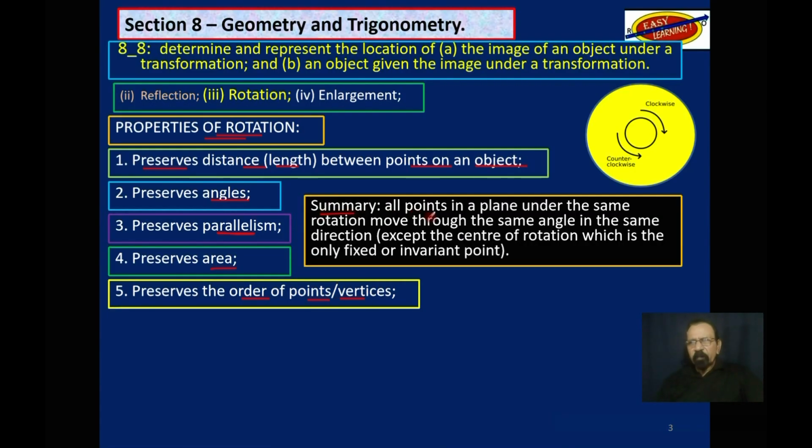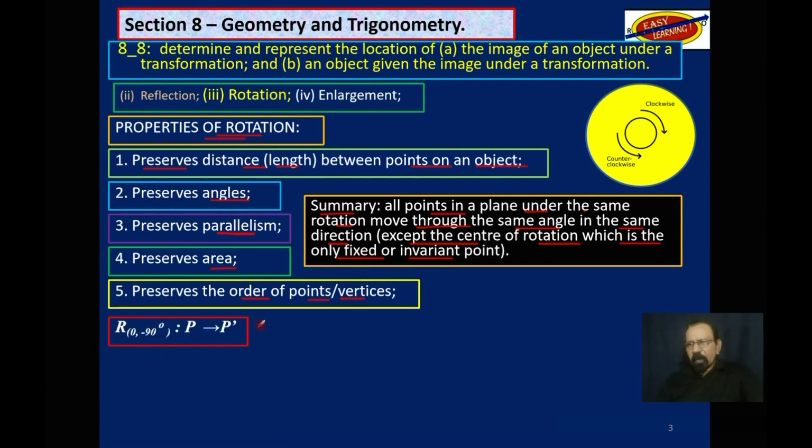In summary, all points in a plane under the same rotation move through the same angle in the same direction, except the center of rotation, which is the only fixed or invariant point.